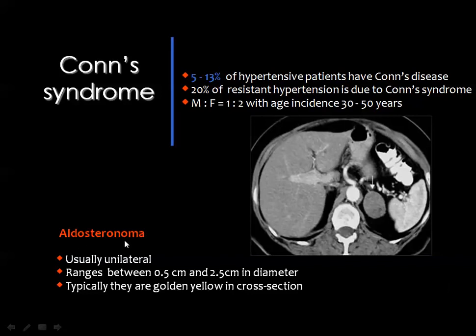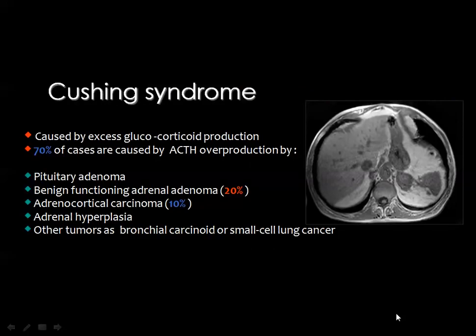Aldosteronoma, meaning that the adrenal adenoma, which is secreting aldosterone, is usually unilateral, and it ranges between half centimeter and 2.5 centimeter. And if you cut this adenoma, the cross section will be golden yellow, meaning that it is rich of fat.